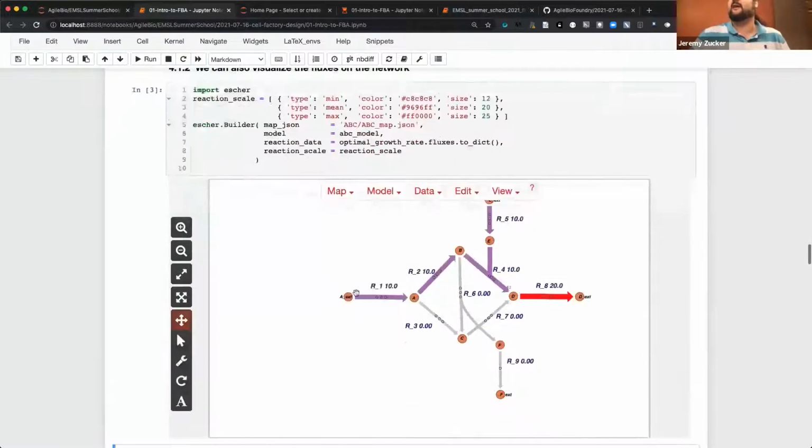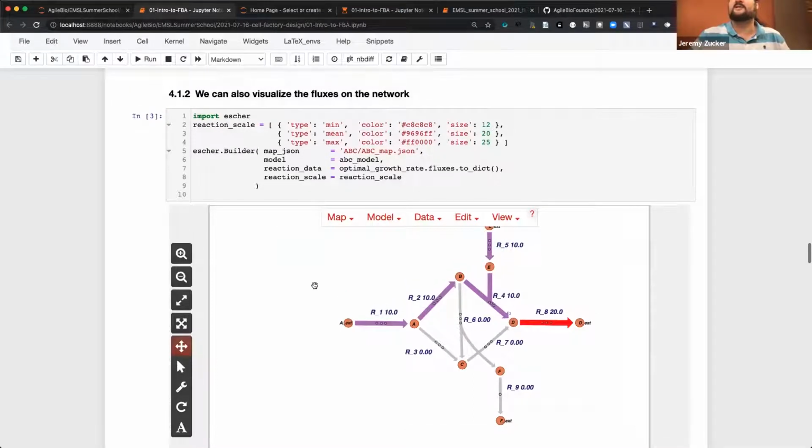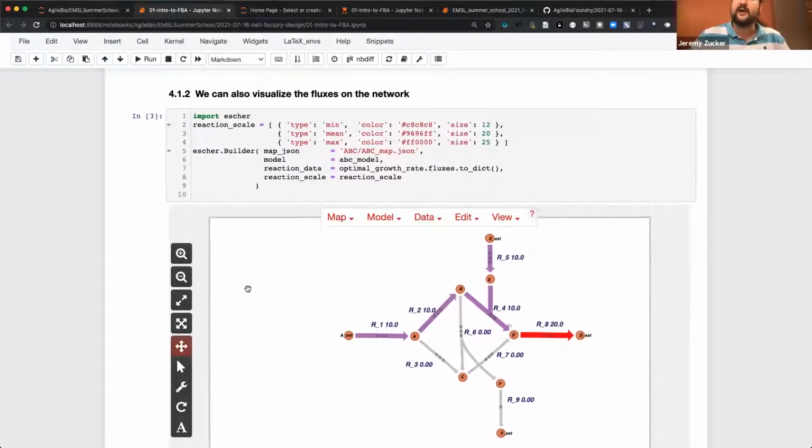Now, obviously, with a genome scale model, you'll actually have all the metabolic pathways, but the mathematics that describes it and the software that actually computes it works exactly the same for this tiny little model as it does for the genome scale model. I don't know if I answered that question. Did that answer the question?